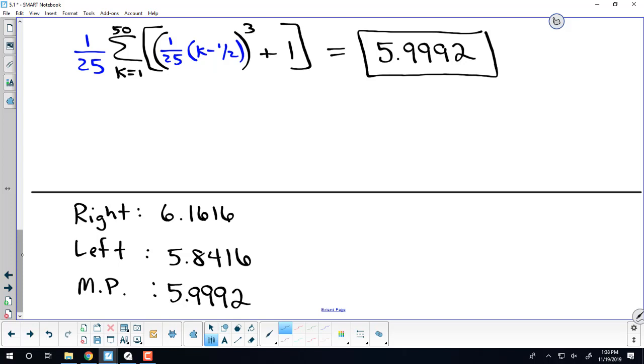Probably 6, yeah. So we'll talk about how to do that in the next section, how to find the exact area. But that's all for 5.1. Do you have questions on 5.1? It's very tedious.